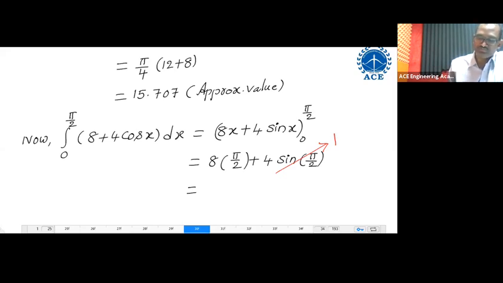Simplify this and let me know the value. The value of pi is 3.14. What is the value? 15.7, okay.